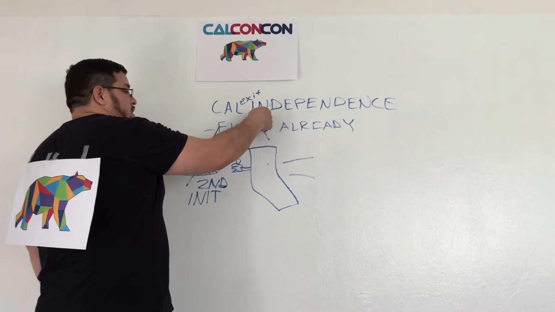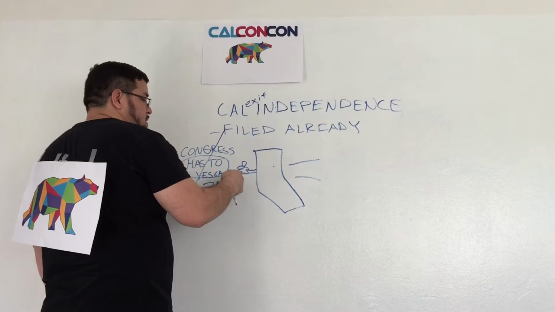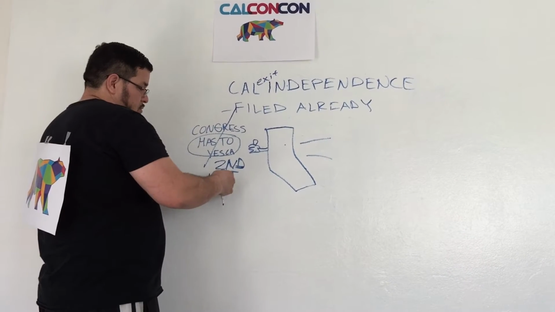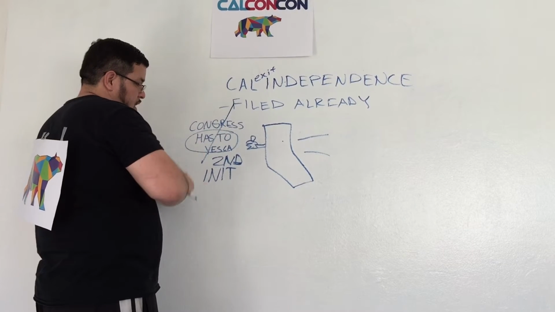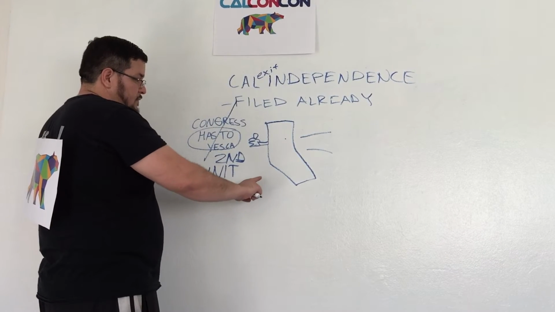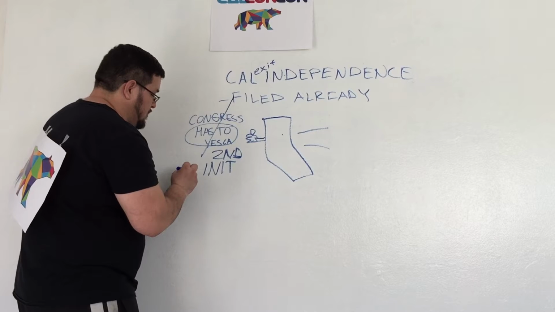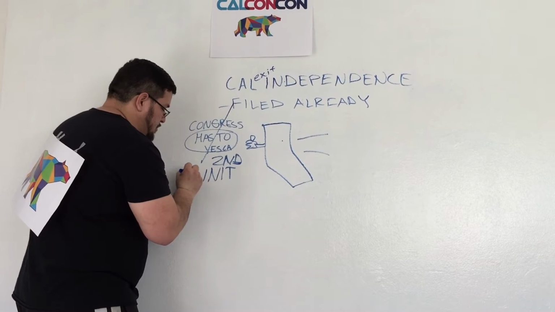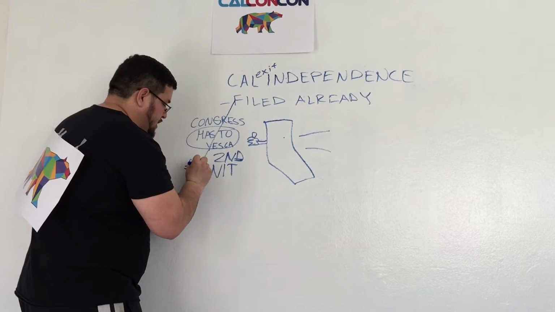So this doesn't get stopped because Californians said yes and then it goes to the federal government. It goes right to the second initiative that changed the Constitution to allow for an easy path to leave. And that would get you 2 thumbs up, because that's a really smart idea.